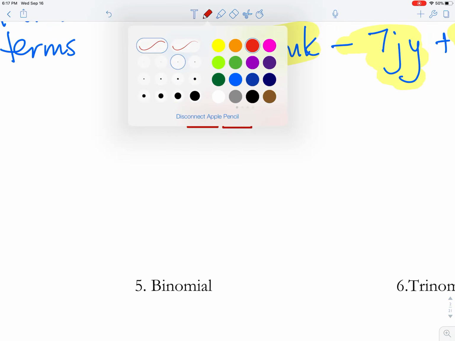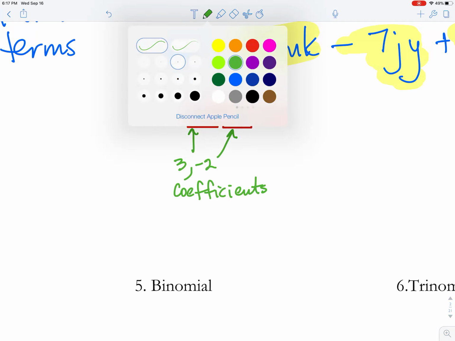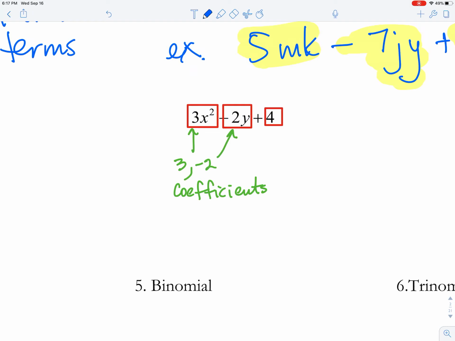And in each term, we're going to have the 3 and the minus 2, both of these are coefficients. The x and the y are our variables.